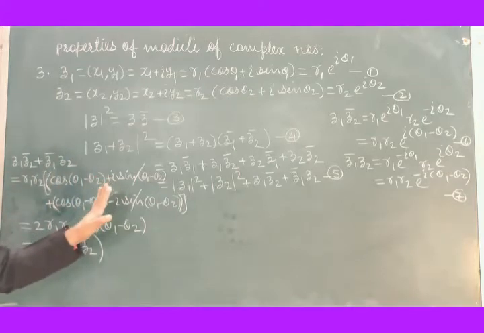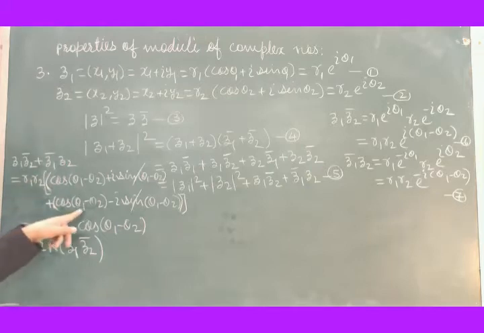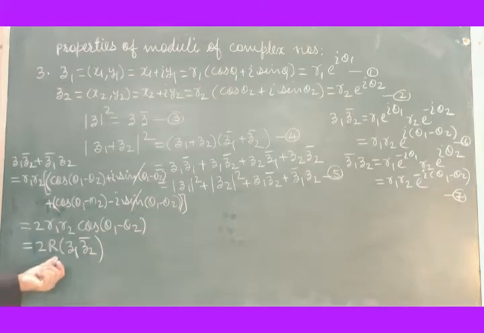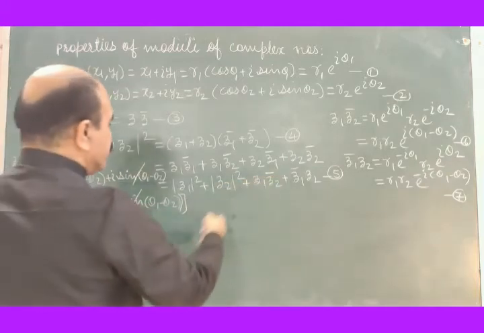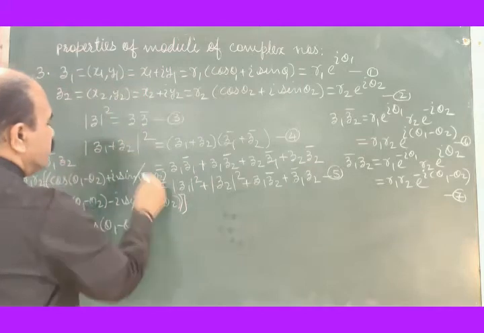Value of this term is R1 R2 cos theta 1 minus theta 2, and value of this term is also R1 R2 cos theta 1 minus theta 2. And therefore, for 2 R1 R2 cos theta 1 minus theta 2, let me simply write 2 real part of Z1 into Z2 bar.